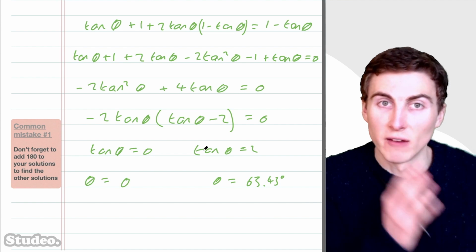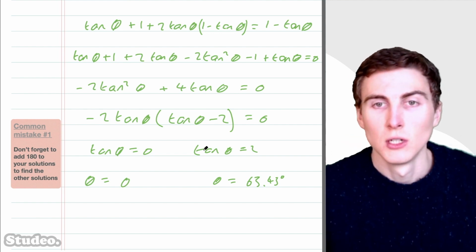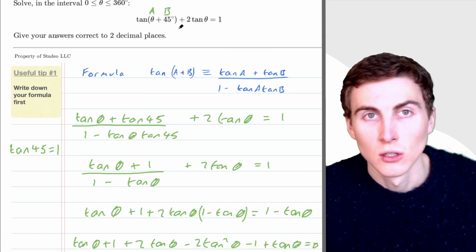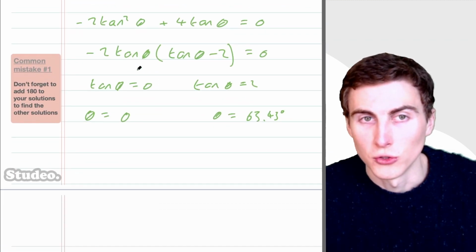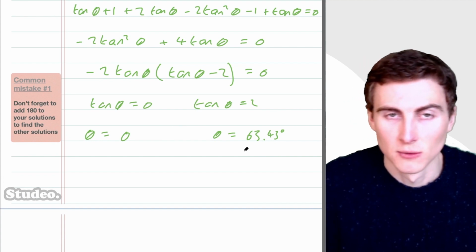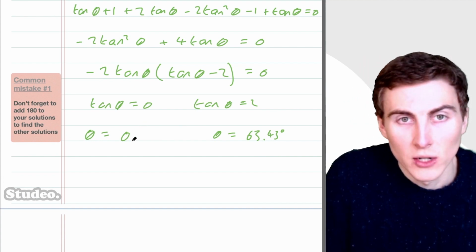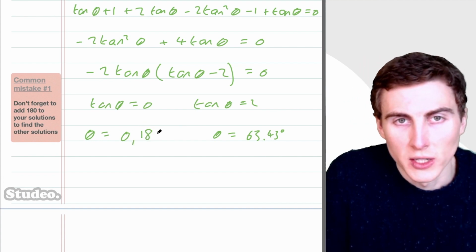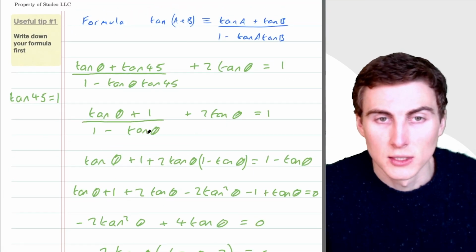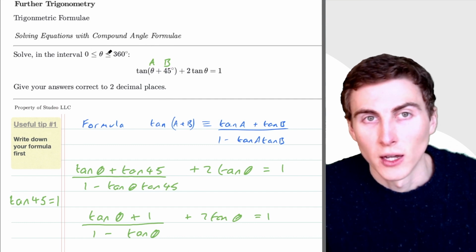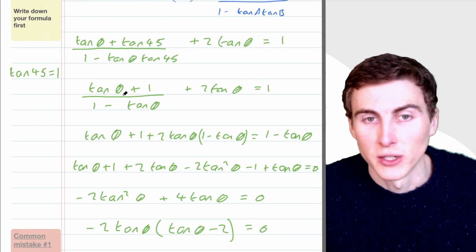Okay. So the last thing we need to do is remember that if it's a tan graph, it repeats every 180 degrees. So if I'm looking for a range of 0 to 360, then I'm going to have more solutions when I've added 180 to each of these. So 0 add 180 is 180. There would be another solution at 360, but you've got to double check. Oh, and this one does go up to 360 and include it actually.